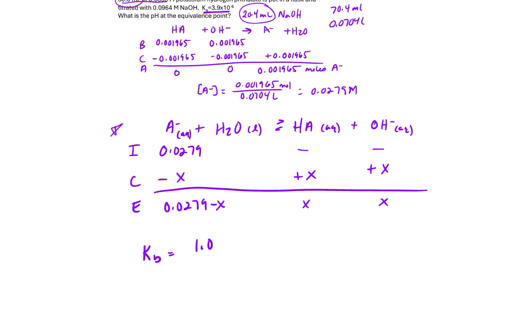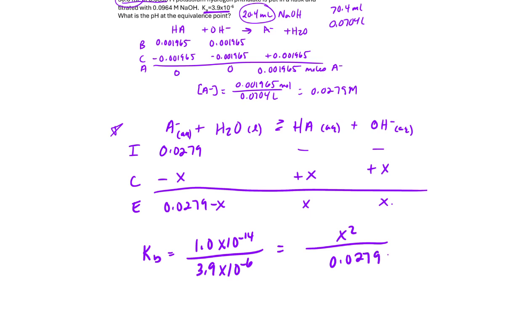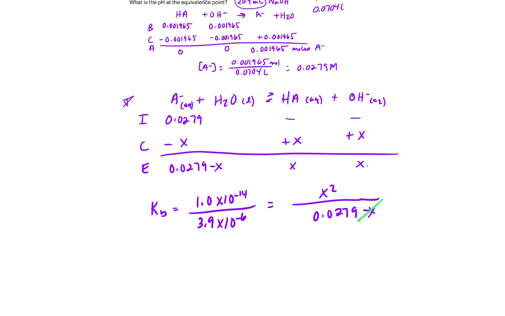Kb is going to be equal to 1 times 10 to the minus 14, which is the Kw value, divided by the Ka value, 3.9 times 10 to the minus 6. That is equal to the concentration of products, x squared, divided by the concentration of the reactants, 0.0279 minus x. We can check our assumption, and we'll find that we can ignore x in the denominator.